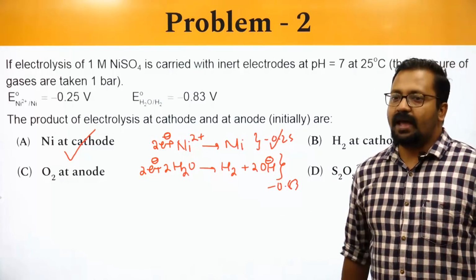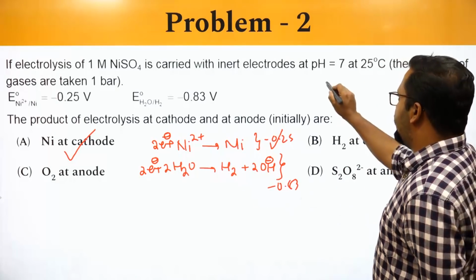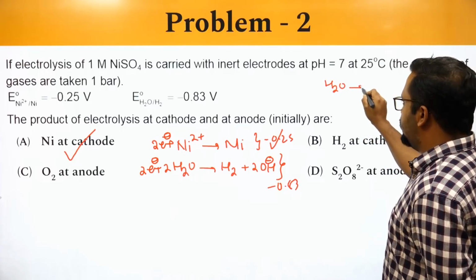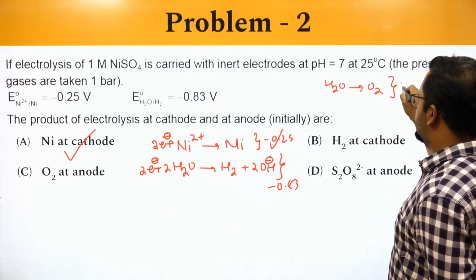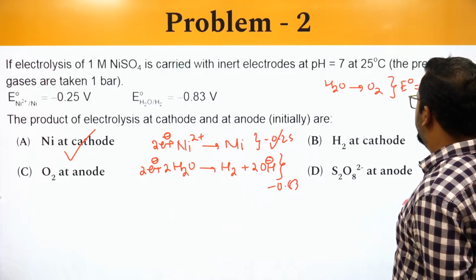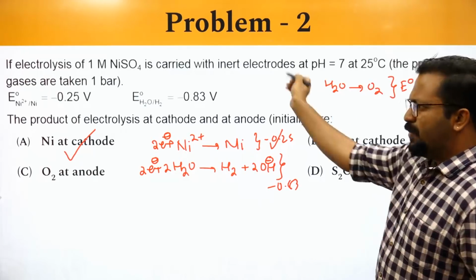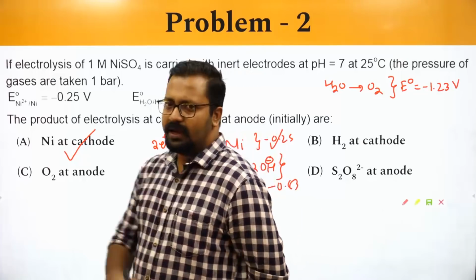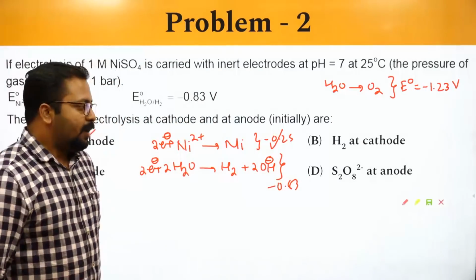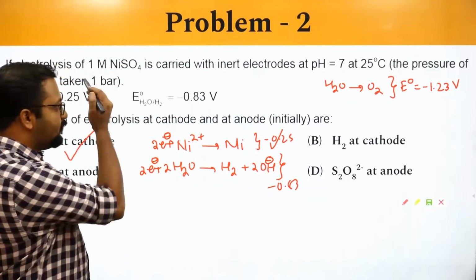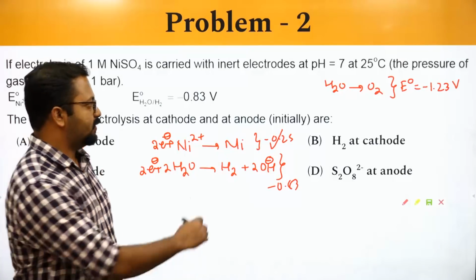But what would happen at the anode? I know for a fact that H2O conversion into O2, this E naught value is minus 1.23. We did this in the previous question. But there is another anion, sulfate. What happens to sulfate?